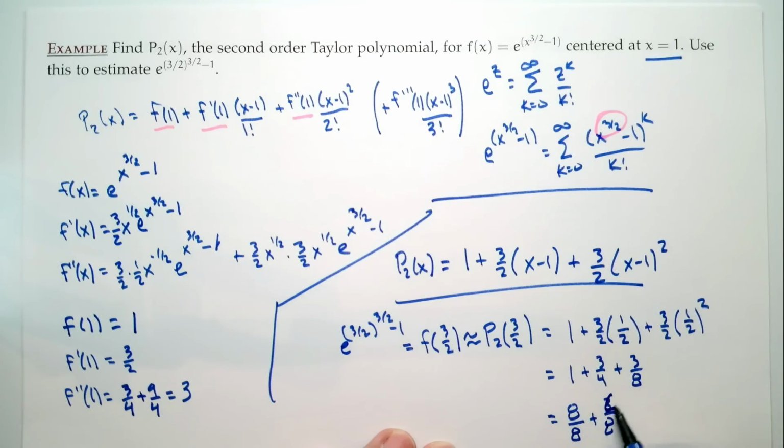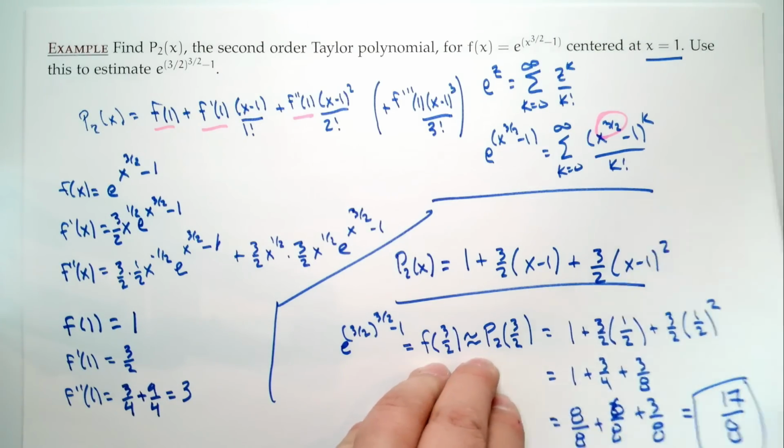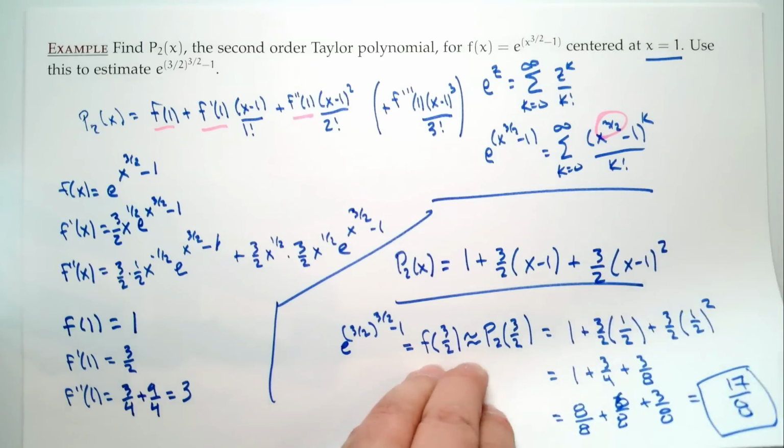And the answer is, let's see what the problem says. If the problem says to simplify, simplify. If it doesn't, don't. So put everything over 8, you get 8 over 8, 6 over 8, 3 over 8, giving us the final answer of 17/8. And that's the approximation. Is it good? I don't know. Maybe. Seems reasonable.